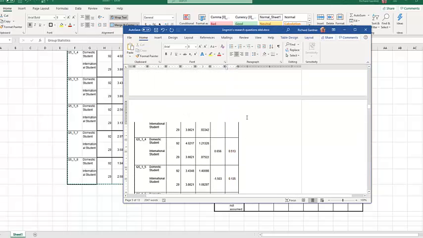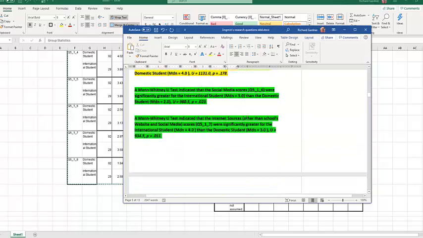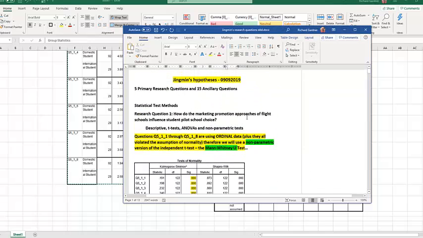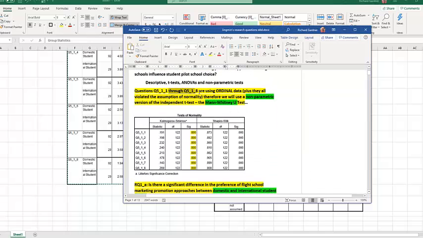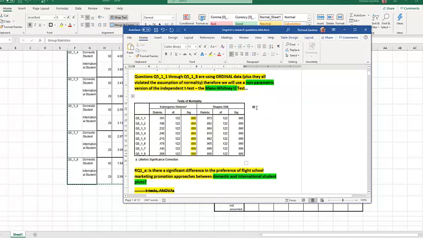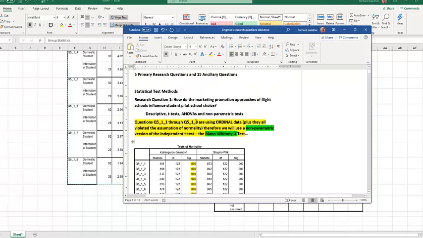The data violated the assumptions, and I kind of explained that up here, right? I highlighted it. They were not normal. I thought I put it in there. It says right here, they all violated the assumption of normality.